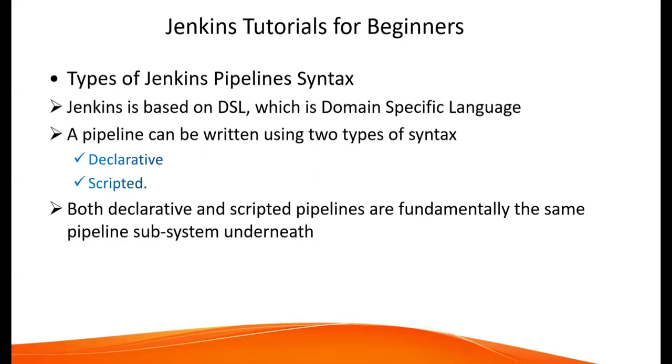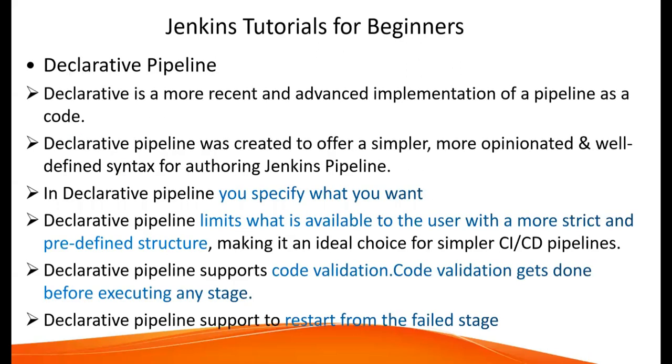So now let's learn what is a declarative pipeline. Declarative pipeline is a more recent and advanced implementation of pipeline as code. Declarative pipeline was created to offer a simpler, more opinionated and well-defined syntax for authoring the Jenkins pipeline.